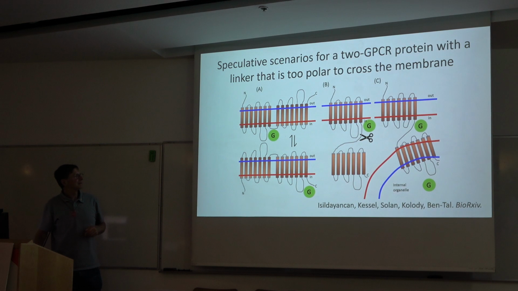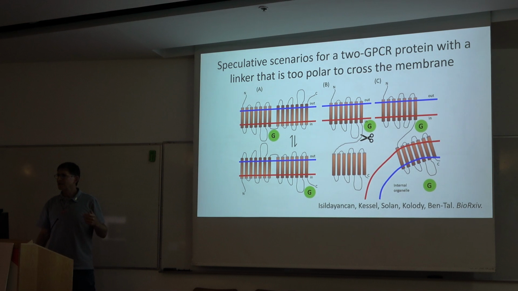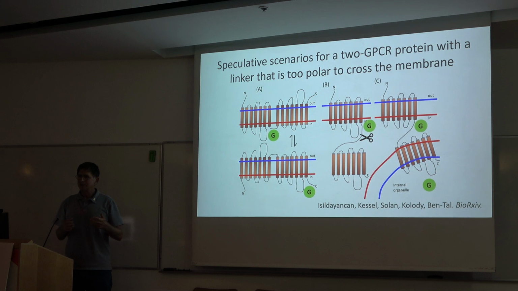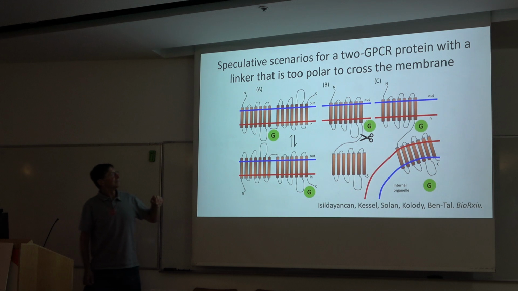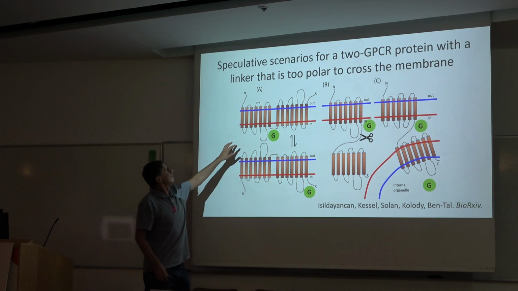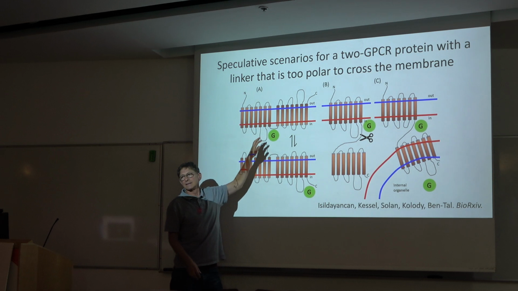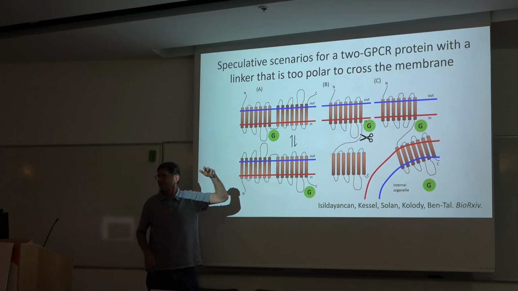So we come up with various very speculative suggestions as to how it works otherwise, without this hydrophobic stretch. One possibility is that the stretch really doesn't cross the membrane. There are 7 transmembrane helices in the N terminals. That would be the simplest case with 2 GPCRs.